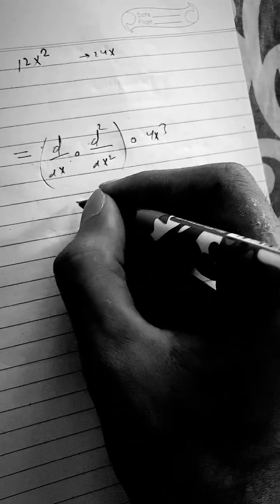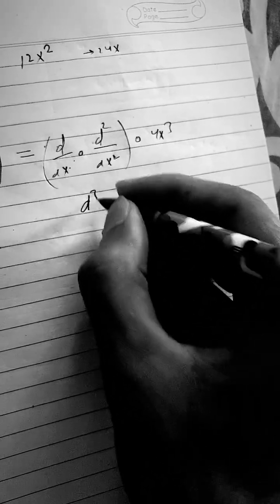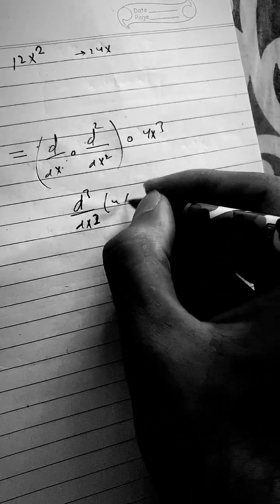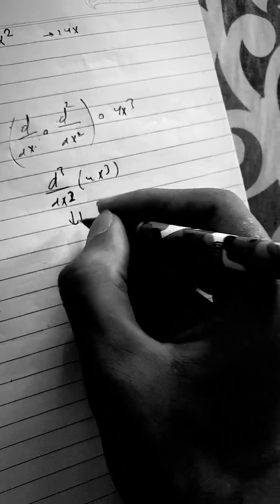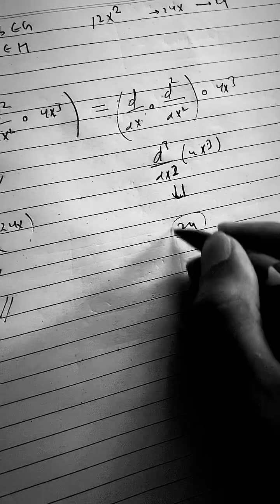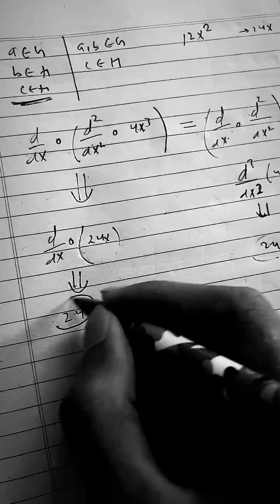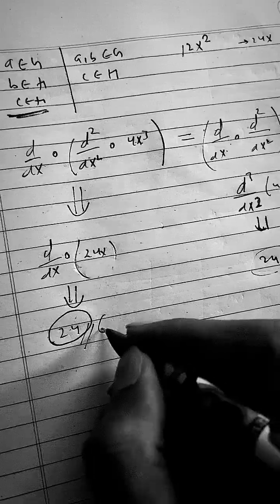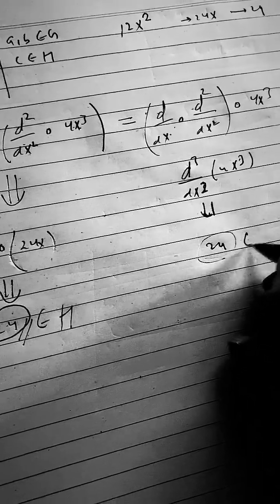Now this part, from the laws of algebra, we can say this is nothing but d^3/dx^3 acting on 4x^3. What is the third derivative of this? The first derivative is this one, the second derivative is this, the third derivative is 24. So the answer is 24. Here we got 24 and here we got 24, and both are the same, so it is associative, because 24 belongs to H and this also belongs to H.